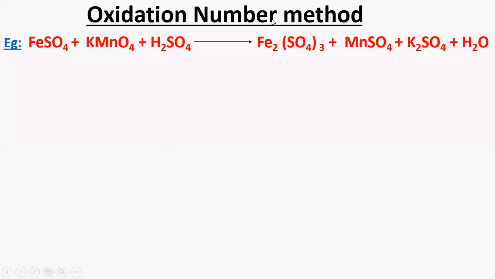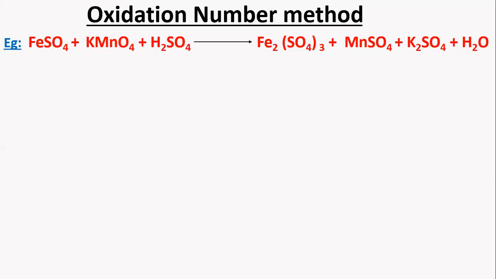This oxidation number method is done in 5 steps. Okay, 5 steps. The question will be given in this form only. Here you have to balance the reactant side and also the product side using the oxidation number. We all know how to calculate the oxidation number of any compound.